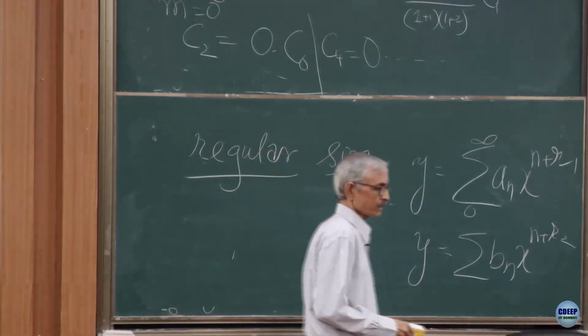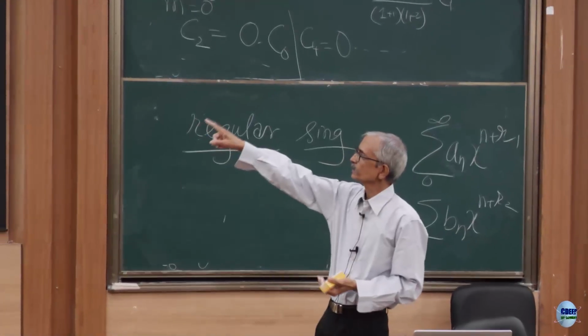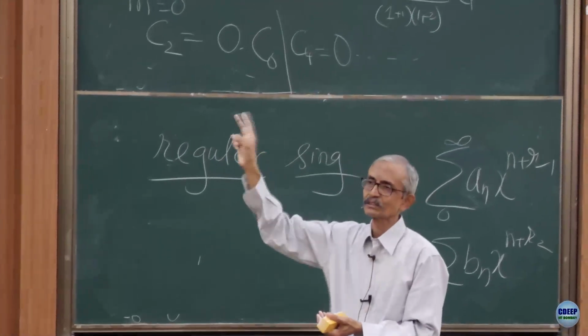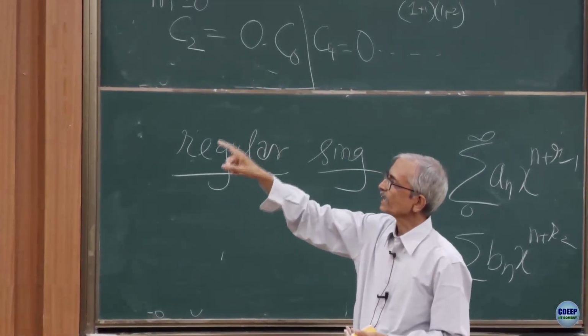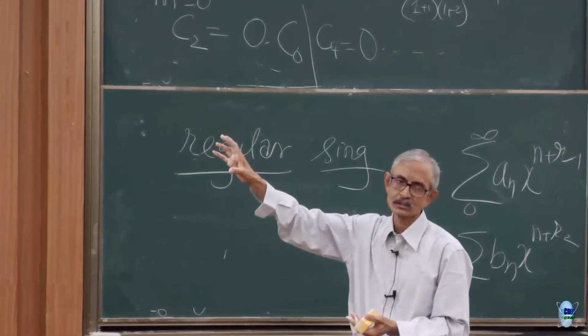But if you have got r1 minus r2 as a positive integer, the 2 series solutions may not exist. They may exist, but they may not. I have got 2 roots for that equation, which come from the solution of r, and if r1 minus r2 is a positive integer, I am going to take r1 as the larger root.